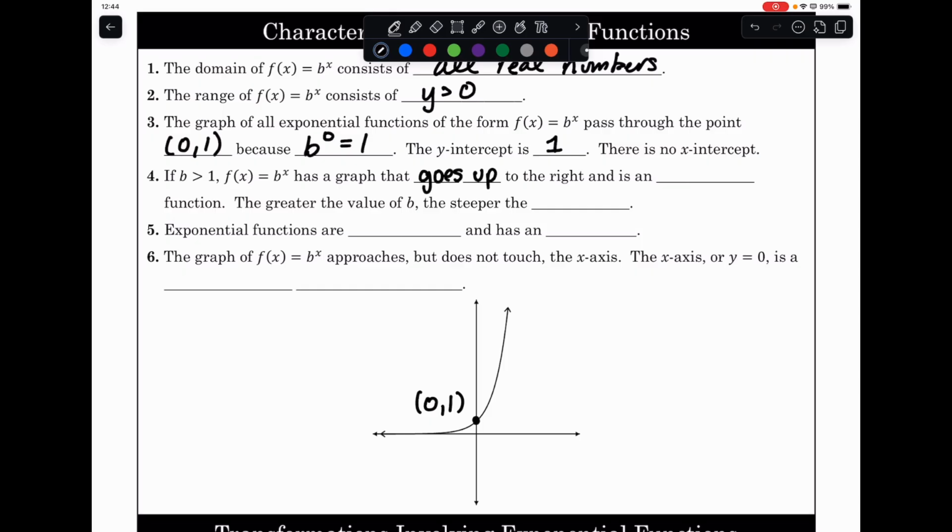It goes up to the right and is a one-to-one function, or in other words, is invertible, because it's always increasing. Now, the greater the value of b, the steeper that increase is going to be.